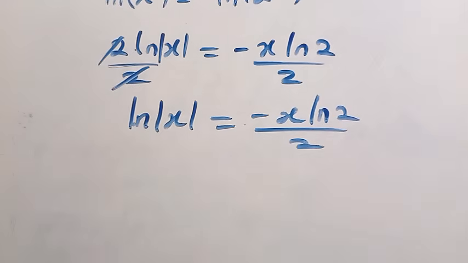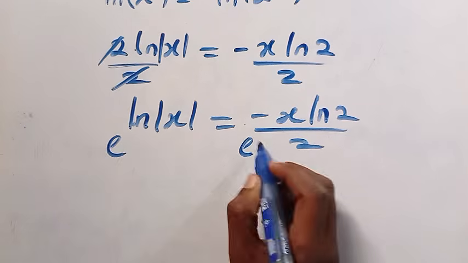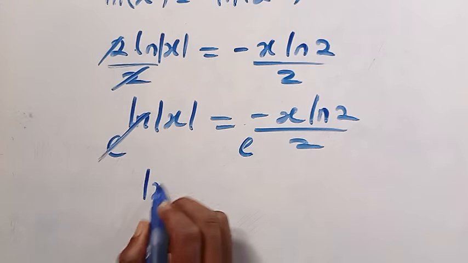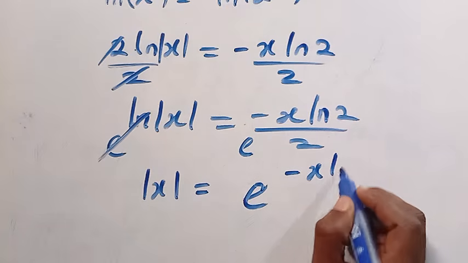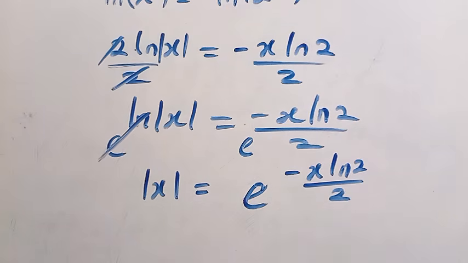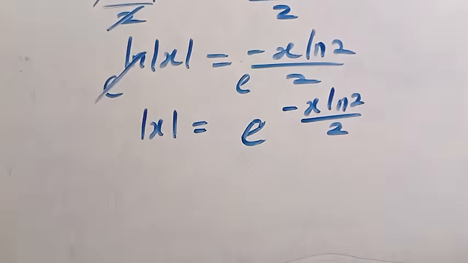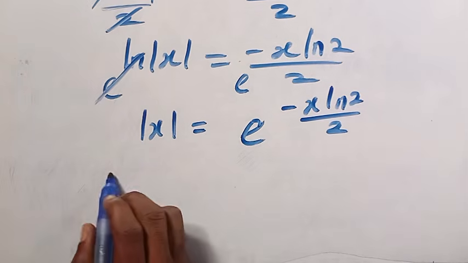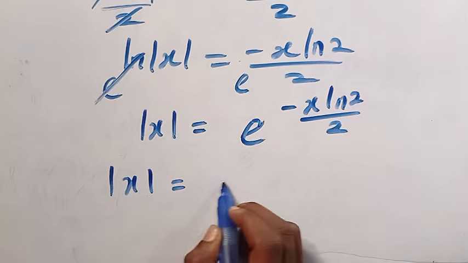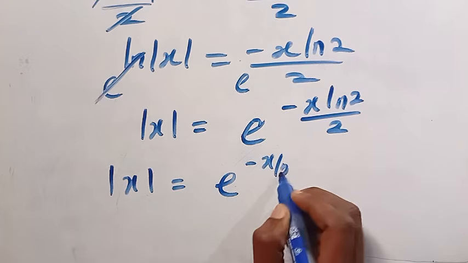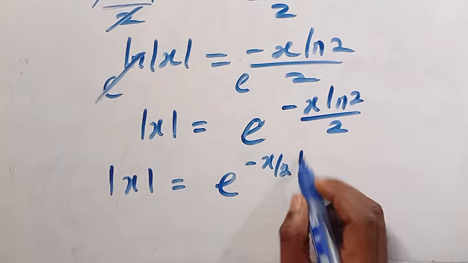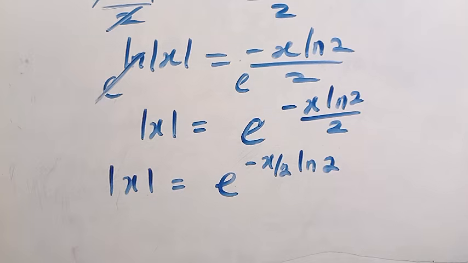In the next step, if I take the exponent of both sides, e raised to the power cancels, and we have |x| equals e to the power of minus x ln 2 divided by 2. If I remanipulate this, I have |x| equals e to the power of, if I call this one minus x over 2 all together, then this is ln 2.